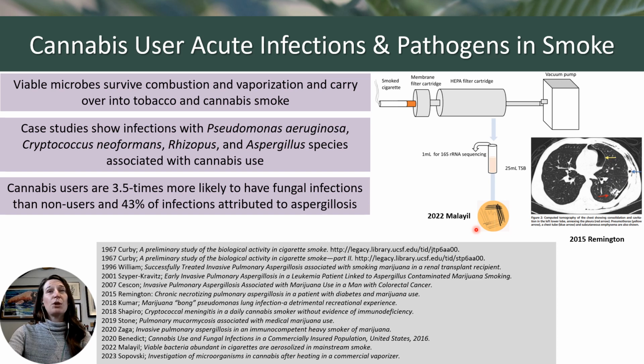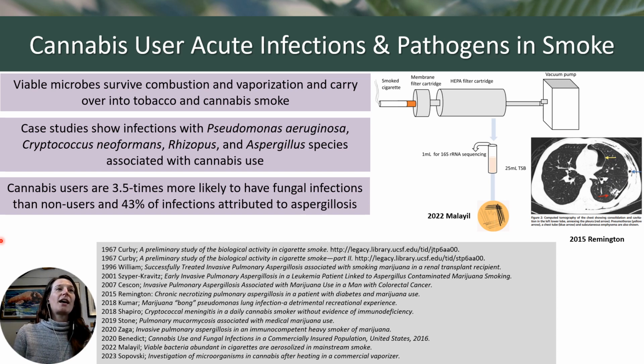We've been doing that with tobacco. There's also a more recent publication that came out in 2023 showing that cannabis vaporization also does not kill microbes, and you can find viable microorganisms in those smoke products that are generated during combustion and vaporization.